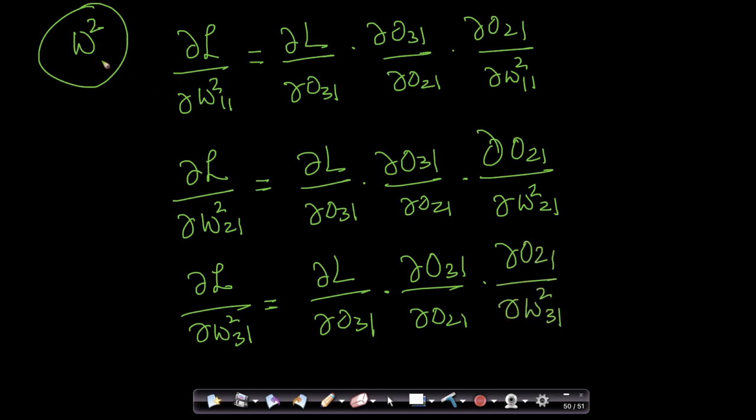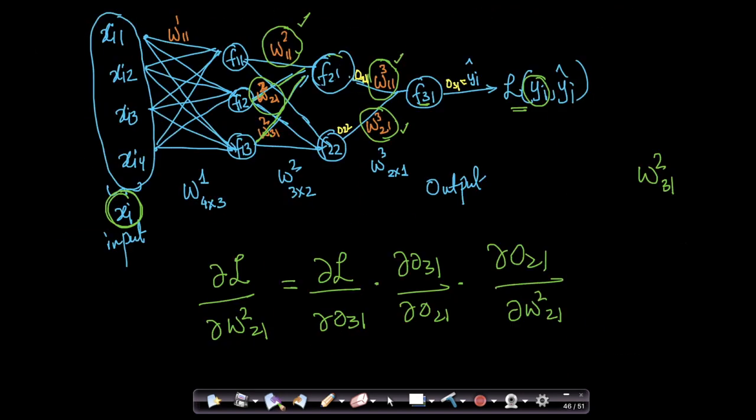So these are the weights in W2. Of course, we have only covered these 3 weights. A similar thing can be done for the other weights also. I'm just not doing it right now.